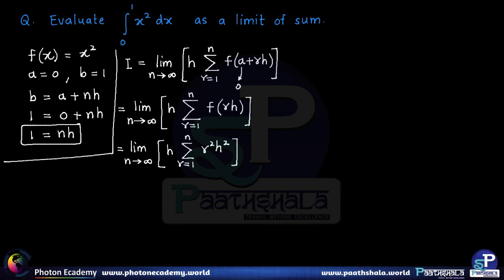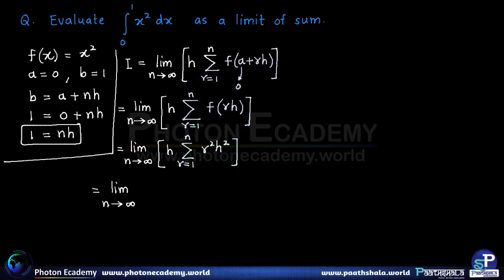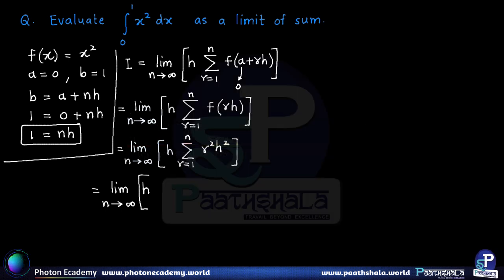Now moving further, we have limit n tends to infinity h. Now if you see in the summation, it is r which is the variable counter. So r is taking the values from 1 to n. So therefore from the perspective of r, h will be treated as constant.